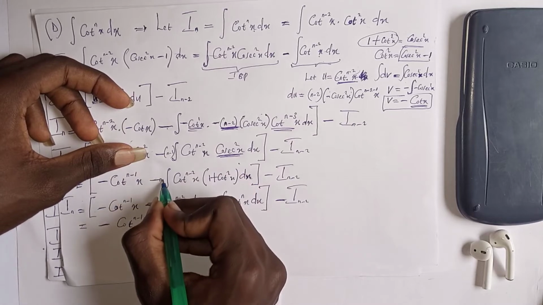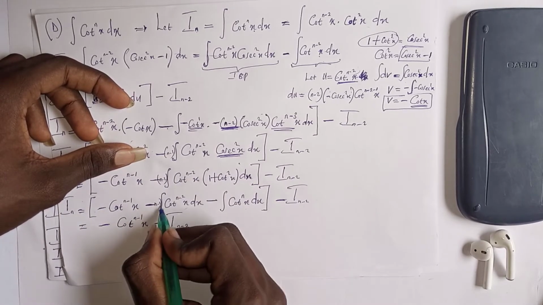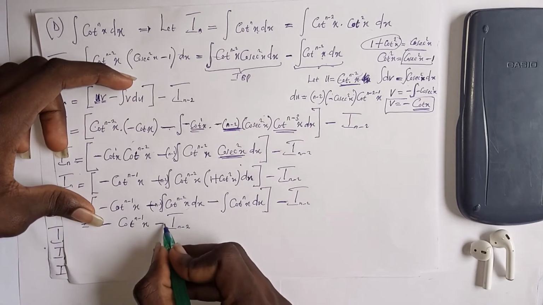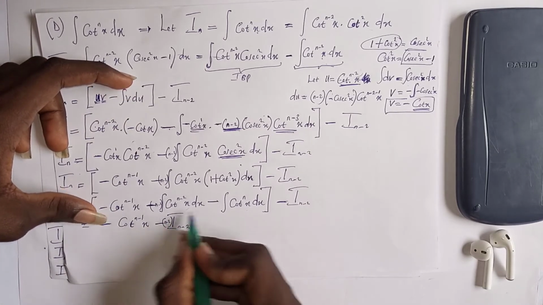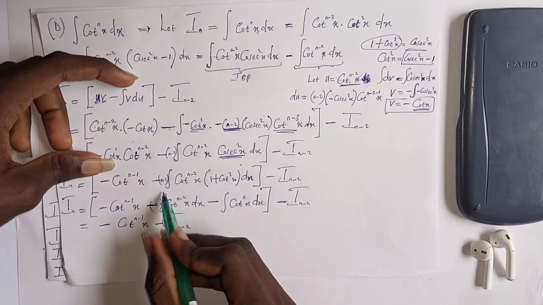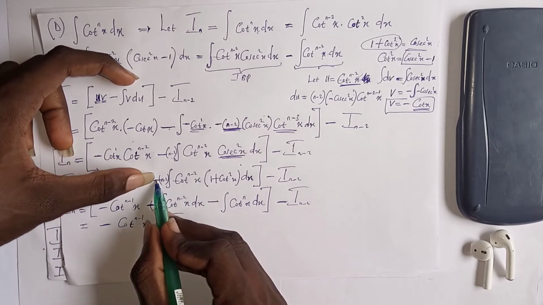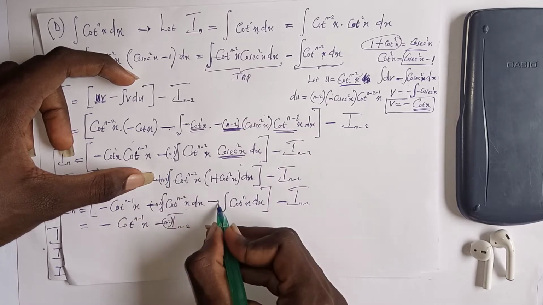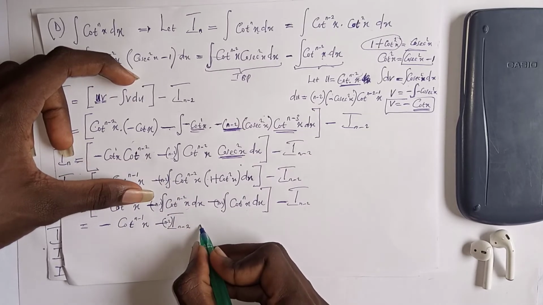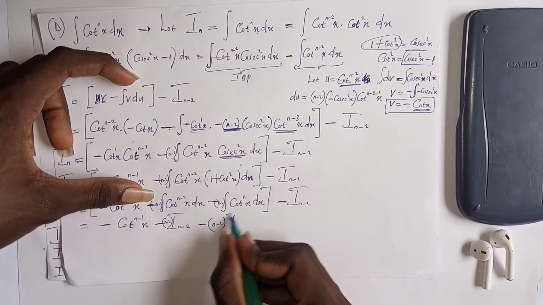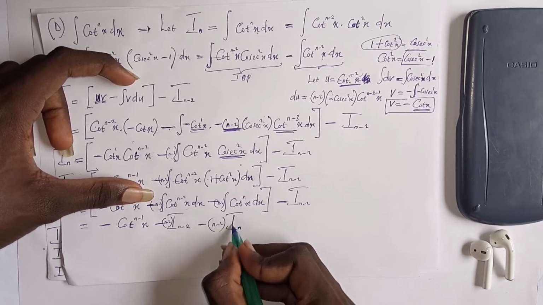N minus 2 is multiplying the two expressions. Minus n minus 2 of this multiplying this. So I should have n minus 2 here also. So I'll be having minus n minus 2 of this cot nx, that is in. Okay, sorry for the mistake.